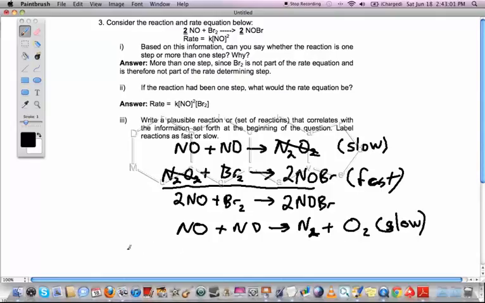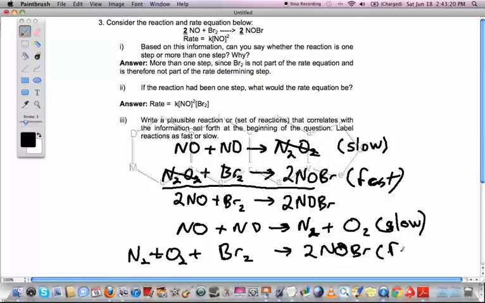And then, since there's no N2 and O2 anywhere in the final reaction, we know that those two could be brought down into the next step and reacted with the Br2, and that would give 2NOBr as well. And when we add those two together, we're still going to end up again with the same thing. So this would end up down here, and again we would end up getting what we wanted out of that.